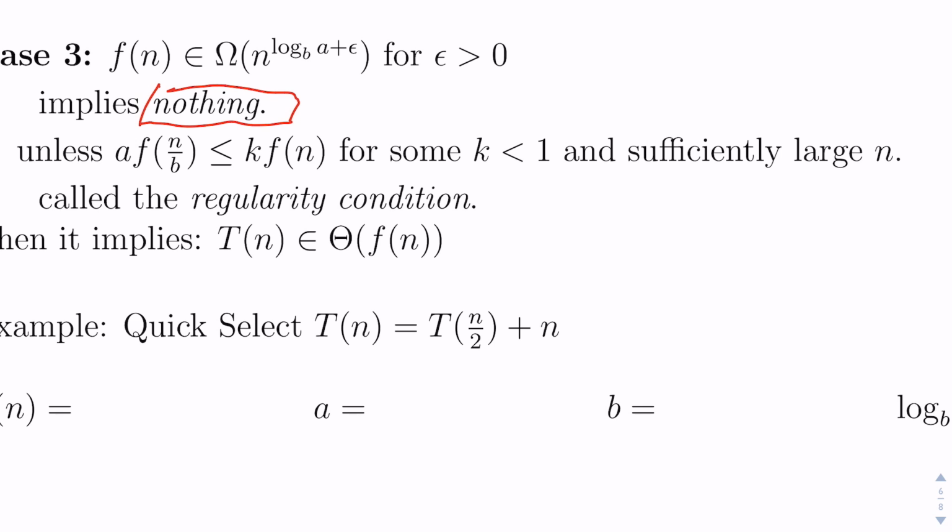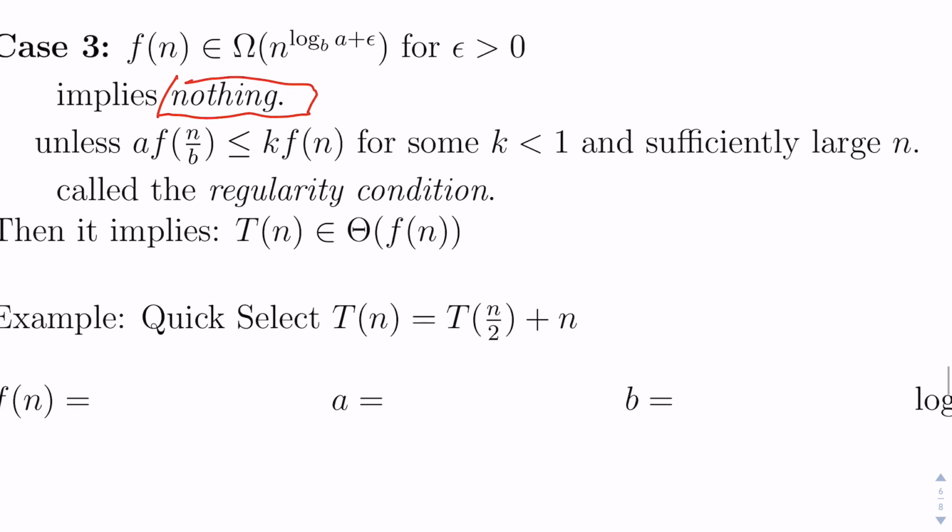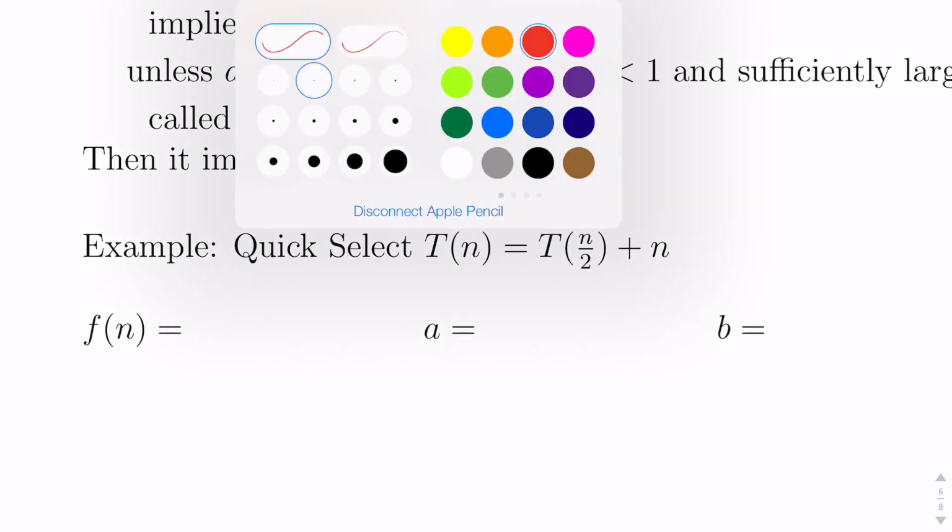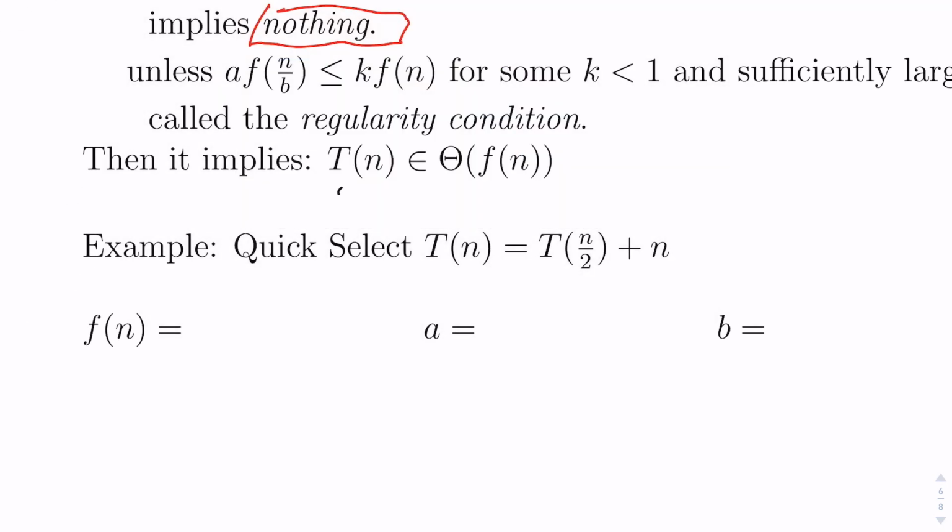It's hard to visualize exactly why this is needed, and I'm not going to attempt to prove it, but just remember that you have to prove that the regularity condition holds. You don't have to prove that you need it. You have to prove that that statement is true for f of n and a and b in order to conclude anything from case 3. But if the regularity condition is true, then you get to conclude this big theta bound.